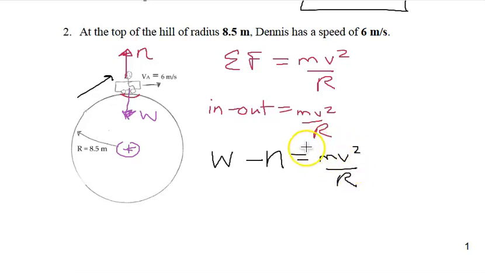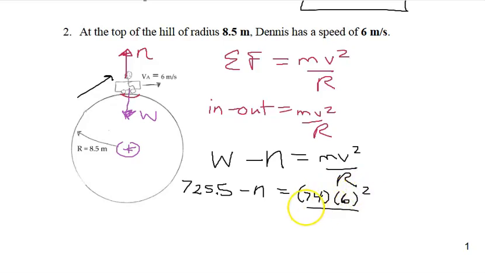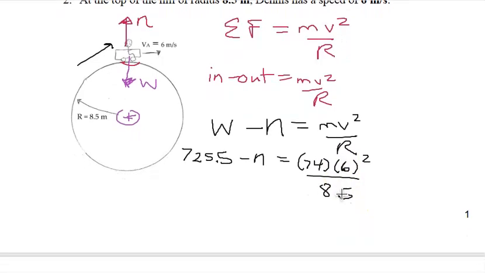And we are looking for that normal force. So we already calculated the weight. Equals just his mass times his speed squared over the radius. Okay, and then that gives you, I'm going to move this over here, 725.5 minus n equals 313.4.